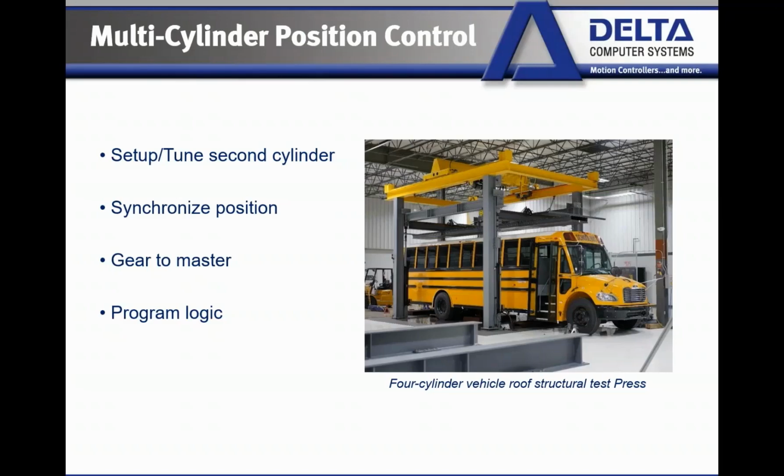So what I'm going to do is I will show you what this logic is going to look like. A good example for something that's synchronized is this project that we were working on here, 4-cylinder vehicle roof structural test press. So we needed to make sure that each of these 4 cylinders were all level with each other at all times.